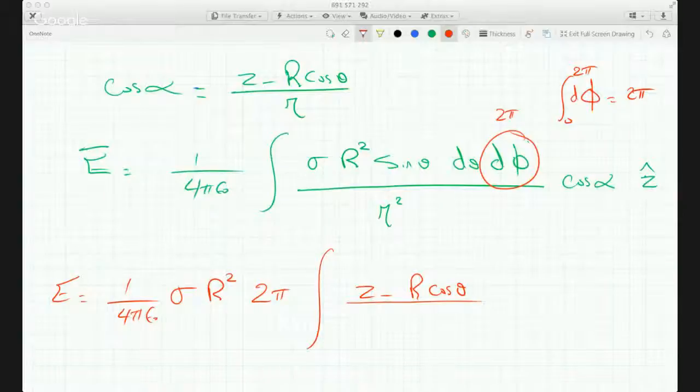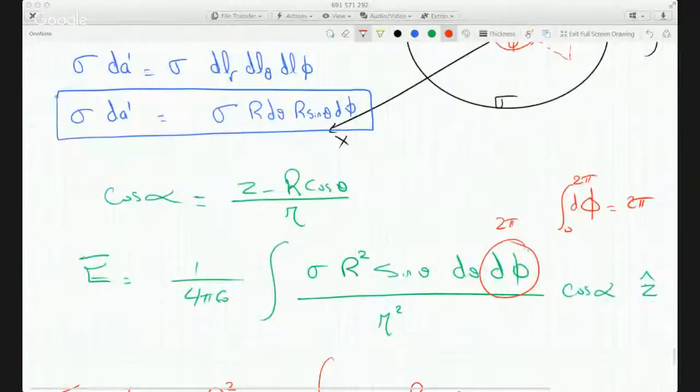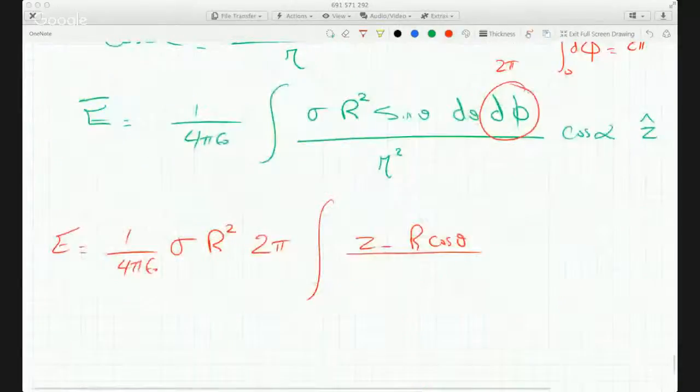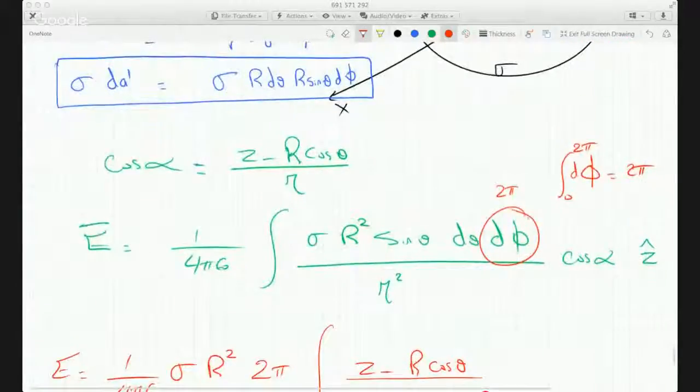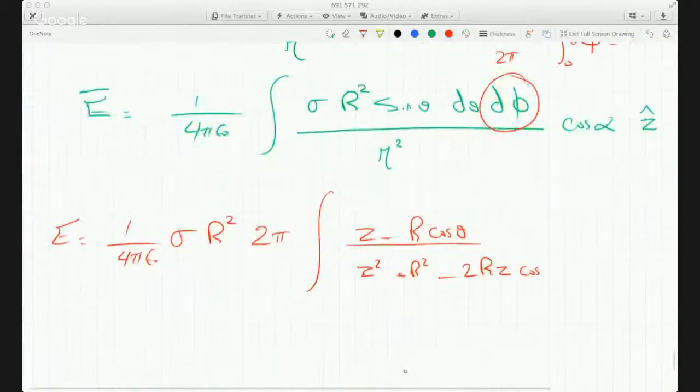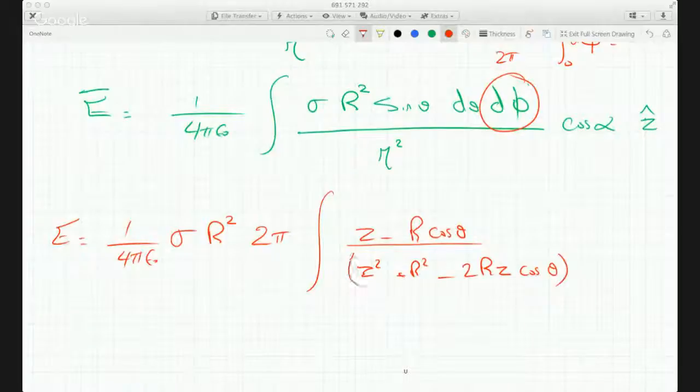over separation vector, and then I have separation vector squared, so this becomes separation vector cubed. So that's just z squared plus r squared minus 2rz cosine theta, all raised to the 3/2. And what else do I have?